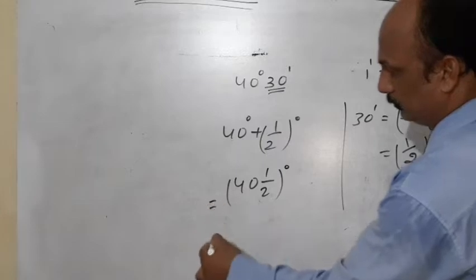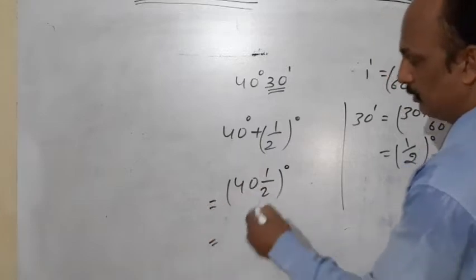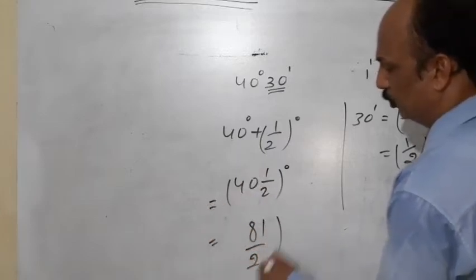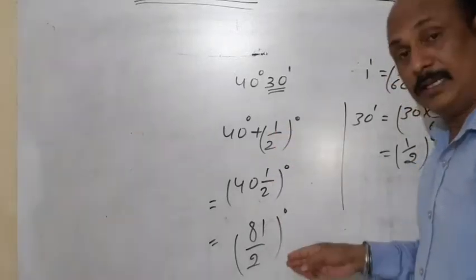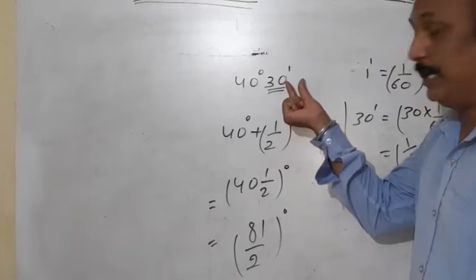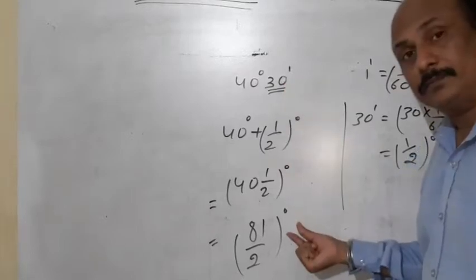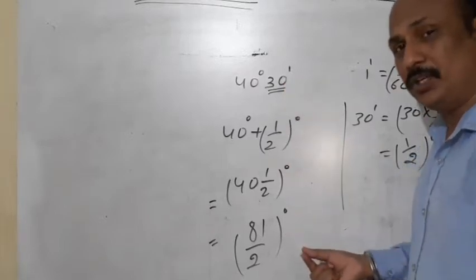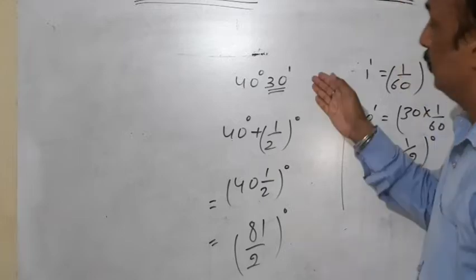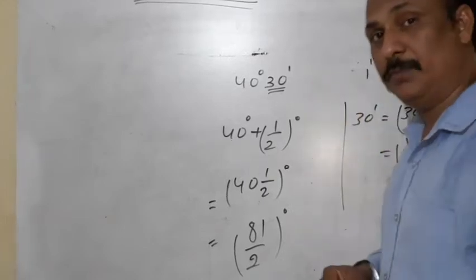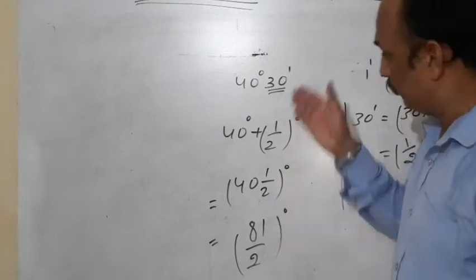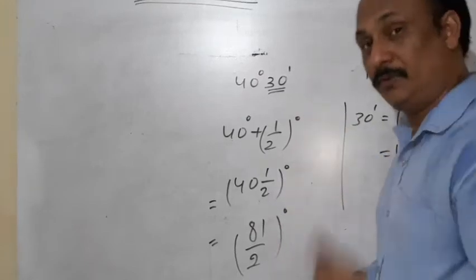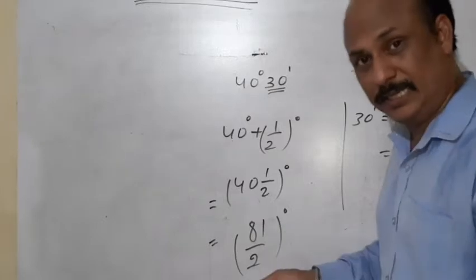Otherwise, it is 81/2 degree. Yes, beta, can we convert minute form to degree form? It is a very simple question. Yes, in our NCERT book, exercise 3.1, उसमें ऐसे क्वेश्चंस हैं, we can calculate them easily.